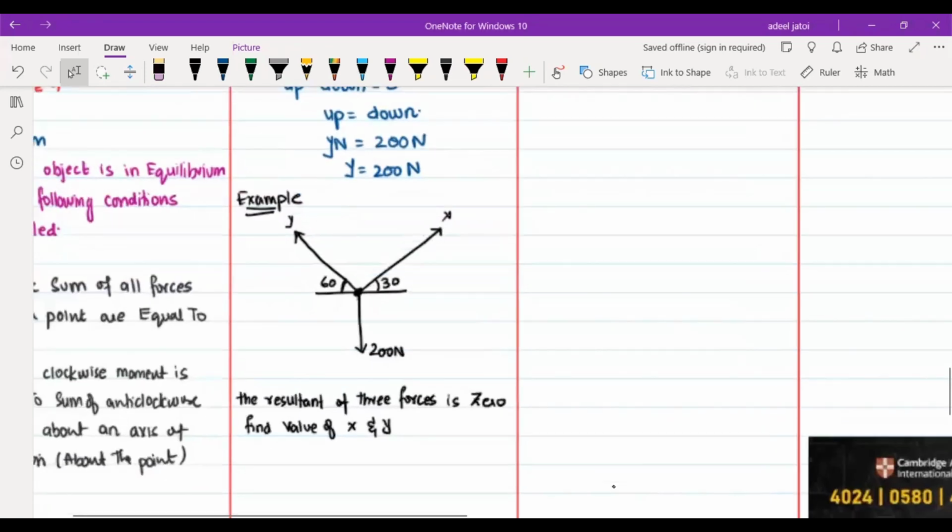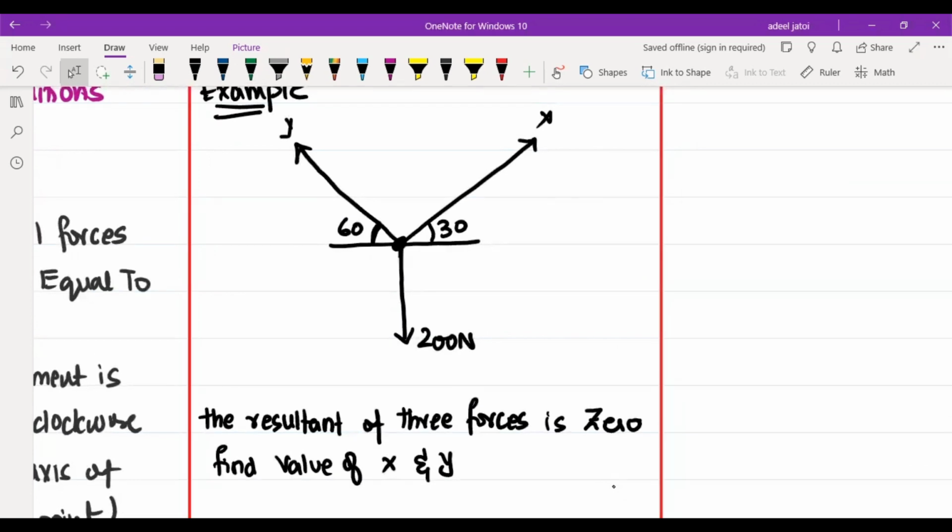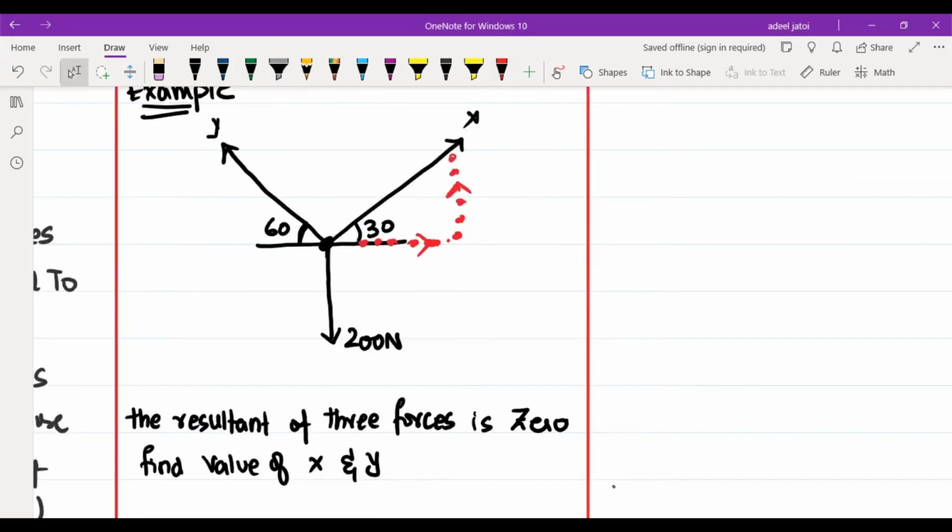Now, to continue, what we need to understand is that it is an equilibrium state, number one. Number two, more important is that you need to understand the vertical and horizontal forces that are applied. There will be a horizontal force and also a vertical one, one acting right and one acting up. So this is x sin 30 and this is x cos 30.